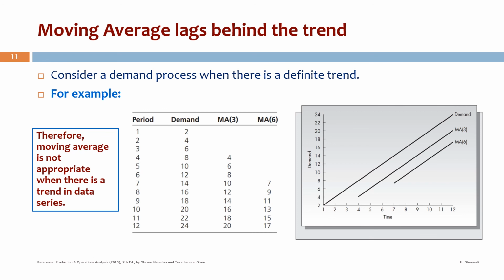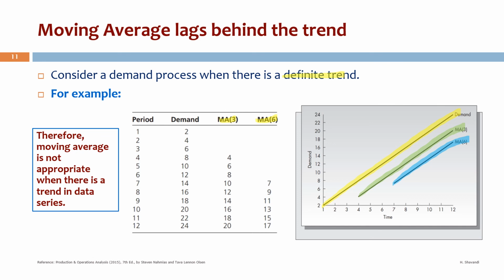Let's see. In this example, we assume a time series where there is a definite trend in the data, and we are considering a moving average of 3 periods and a moving average of 6 periods here. As you see here, this is the actual data observation, this is based on the moving average of 3 periods, and the other one is based on the moving average of 6 periods.